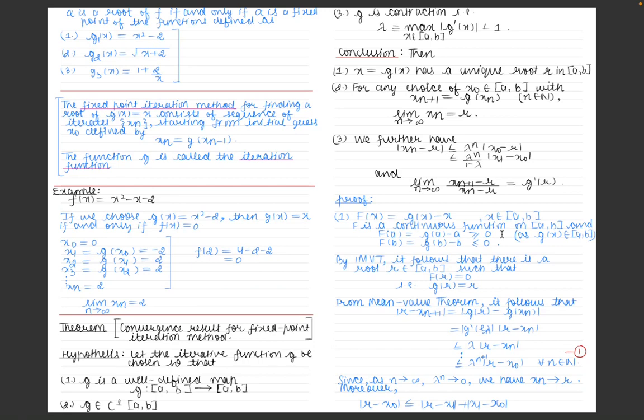But g is assumed to be a self map. If you consider this function g of x minus x, then f of a will be g of a minus a.